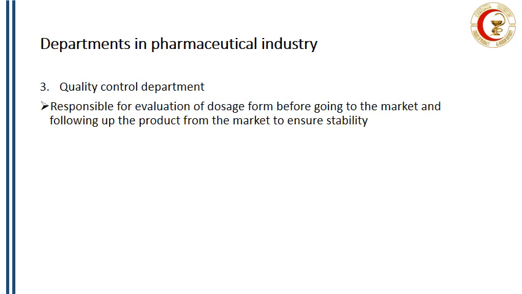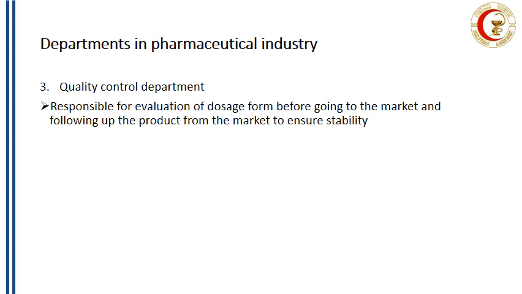Now the third department is the quality control department. This is an essential department. The first department, the R&D, is an optional department. Brands have an R&D. Most generic companies do not have an R&D department.